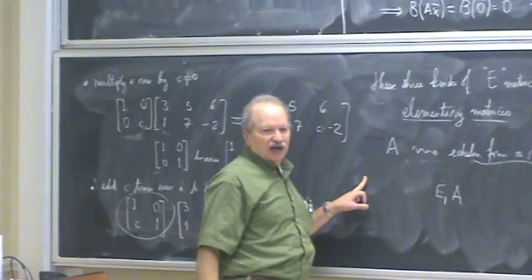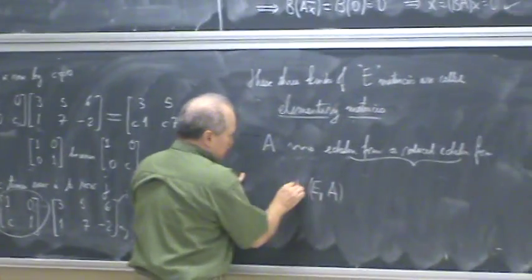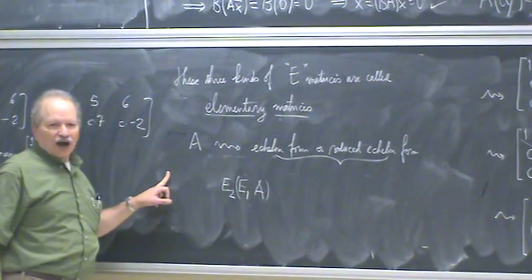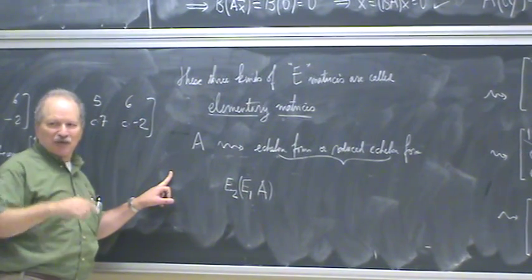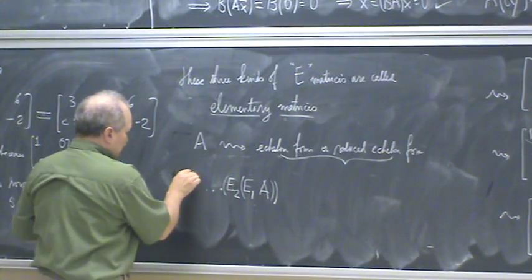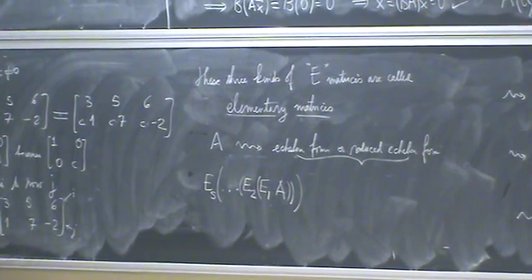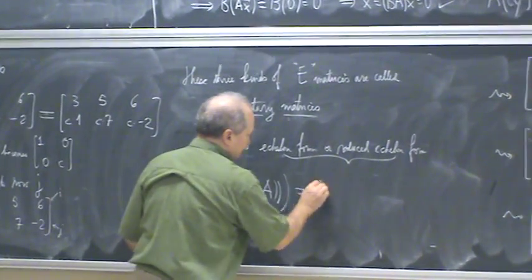Well, that's multiplying it by some elementary matrix. And then you do another row operation, so you multiply by another elementary matrix, and then you do more and more elementary matrices until you're finally tired out, and you've done your last one, and you say, yippee, I'm done.